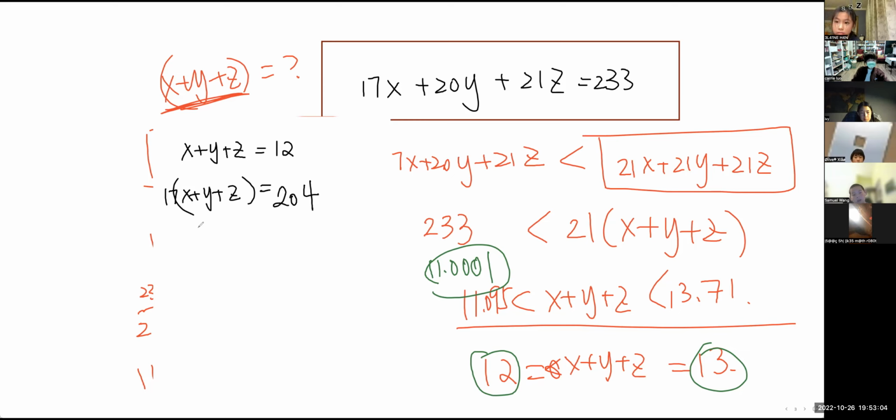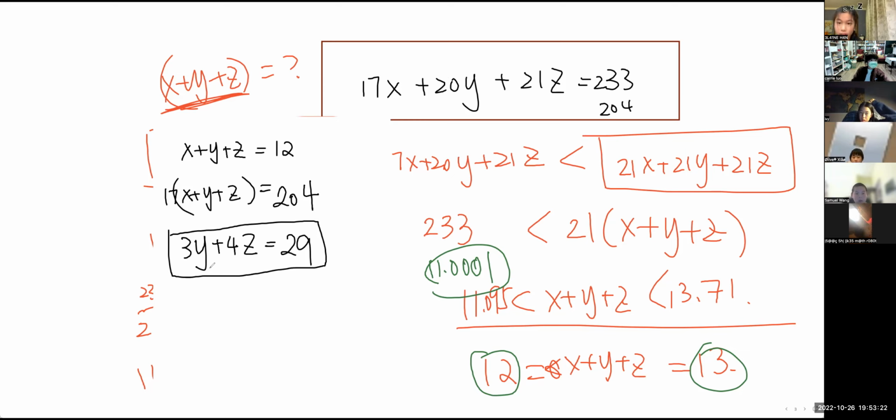So that means 3y plus 4z equals 29. Okay, I don't trust myself counting to 29. Get it? So now this question became what? Two variables, one equation. Correct, everybody? So this is something we learned and we know how to do it.